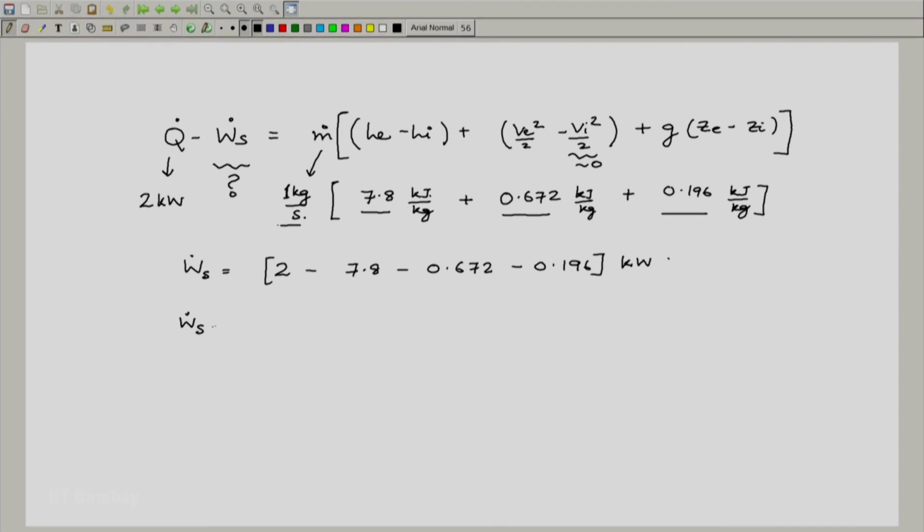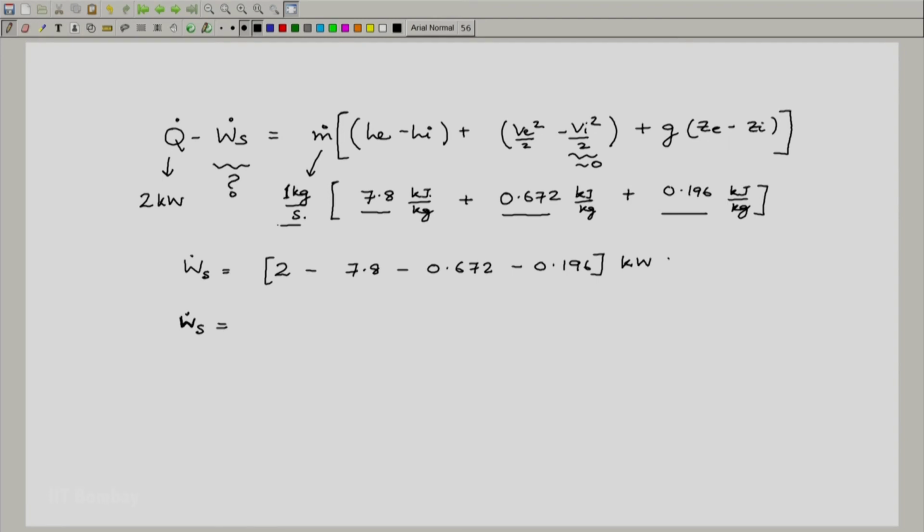You will realize that this will turn out to be a negative quantity, and to ensure that there is significant delta H, increase in kinetic energy, and increase in potential energy, you have to do both work input into the system and also input heat energy into the system. So, this will be a negative quantity, which means work is done on the system, and it will turn out hopefully as minus 6.668 kilowatt.